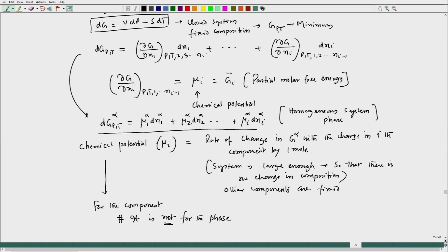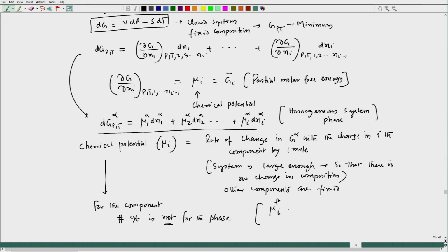This is a very important statement. So, now if I try to write the chemical potential of a component in a phase beta, the beta would be kept as the superscript and i is kept as a subscript.